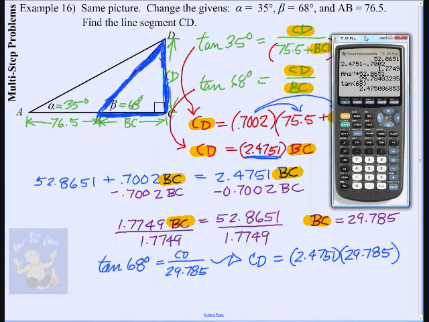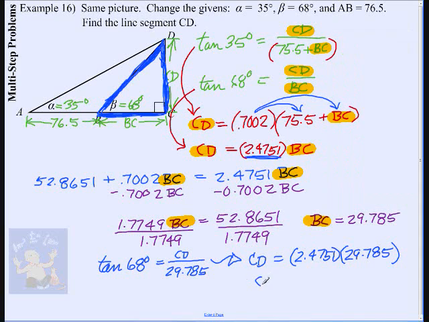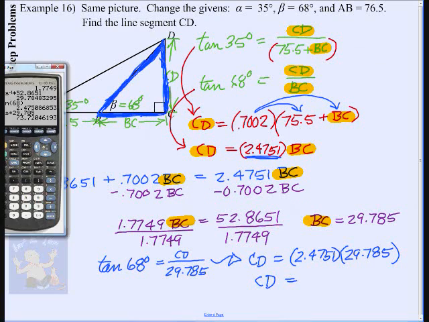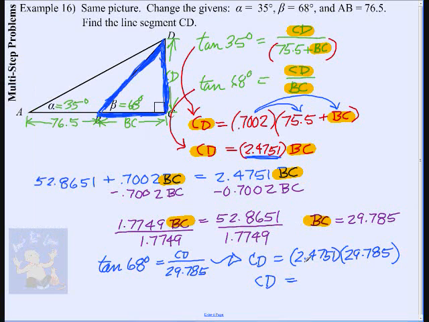Times 29.785. So CD is 73.72. Does that make sense?